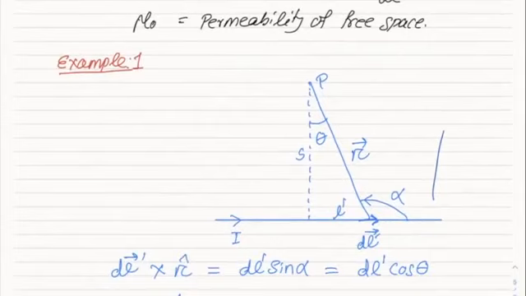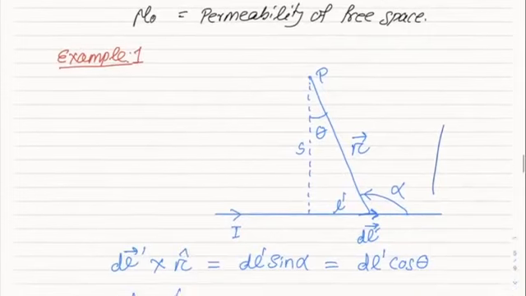So dl is along this direction. That's your dl, that's your r. If this is your alpha, so that's my angle alpha. In that case your dl cross r should be dl prime sine alpha.